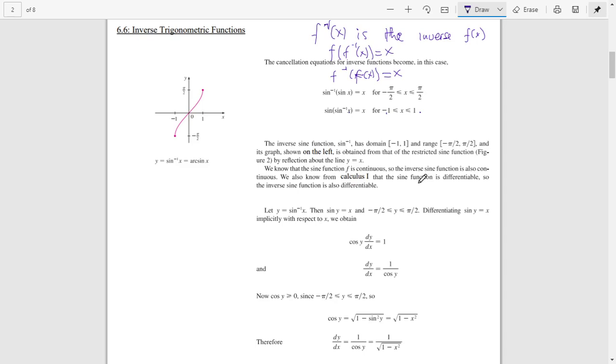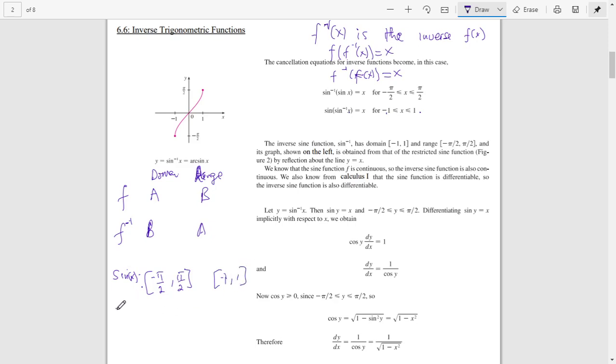Now, if you recall, in 6.1, I said that if a function f has domain A and range B, then f inverse would have domain B and range A. So if my sine of x, we are taking the domain to be from negative pi over 2 to pi over 2, the range of this would be from negative 1 to 1.